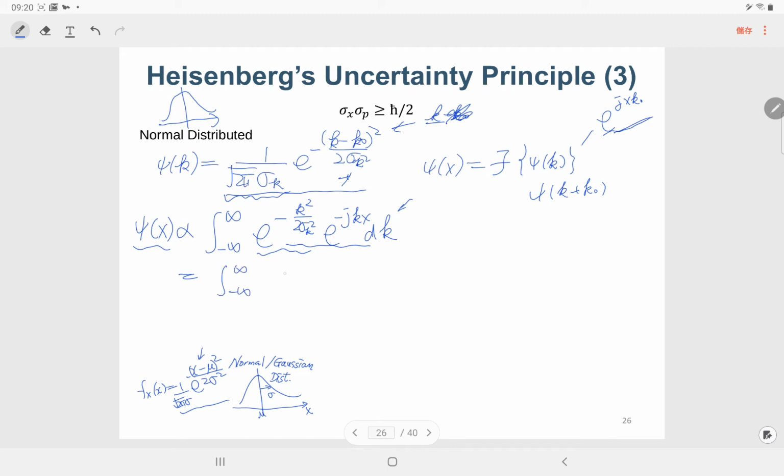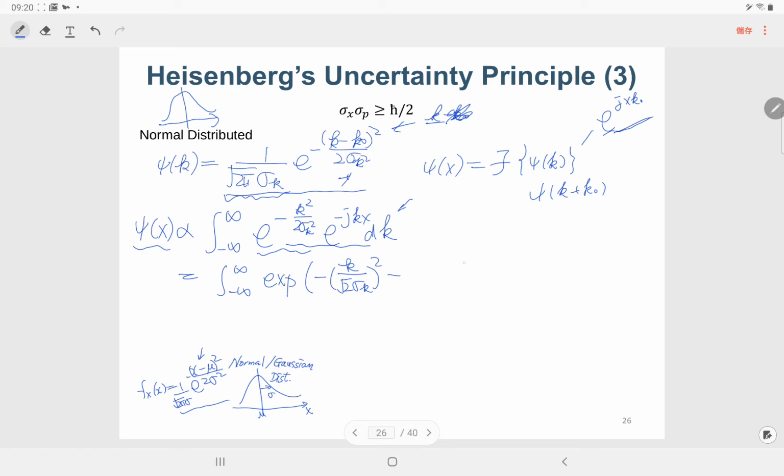So we can just use exp, which is nothing but e to a power, but we can just write the other stuff down. For this part, we can write it as k over square root of 2 sigma k, this term to be squared. And then we have minus jkx.